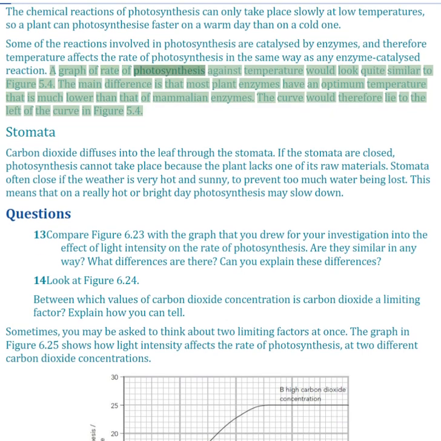A graph of rate of photosynthesis against temperature would look quite similar to Figure 5.4. The main difference is that most plant enzymes have an optimum temperature that is much lower than that of mammalian enzymes. The curve would therefore lie to the left of the curve in Figure 5.4.